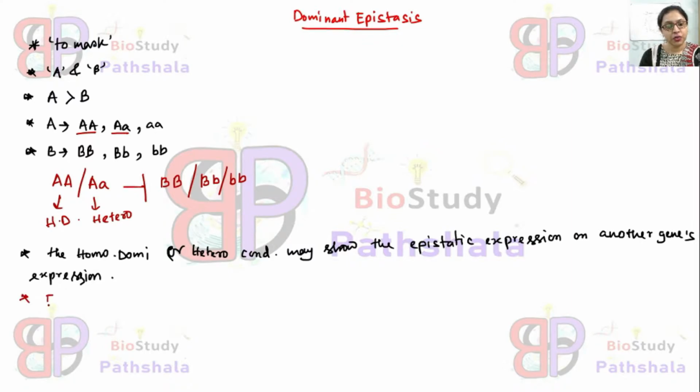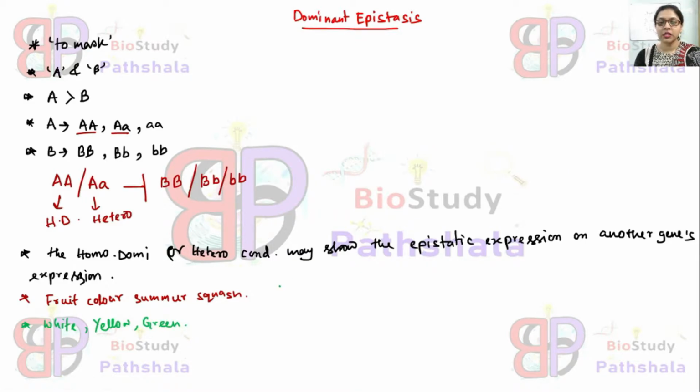The fruit color of summer squash follows the dominant epistasis pathway, and the summer squash fruit shows three types of colors: white, yellow, and green.